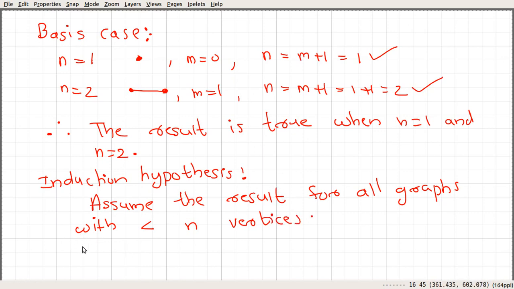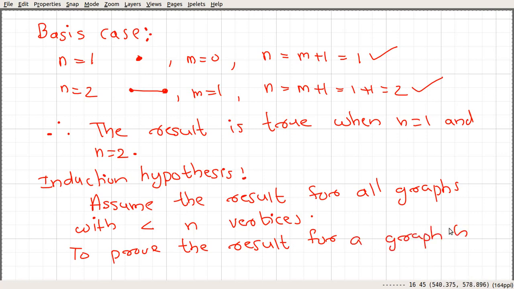Using this assumption we prove the result for a graph G with n vertices.